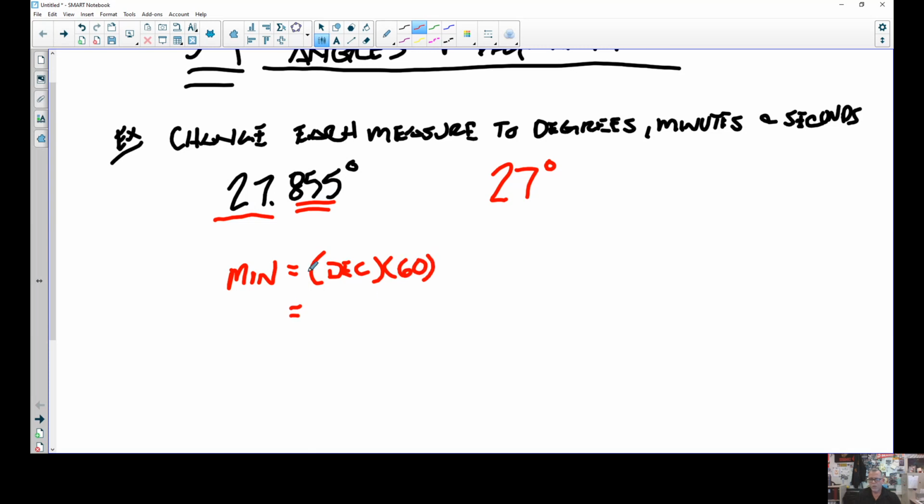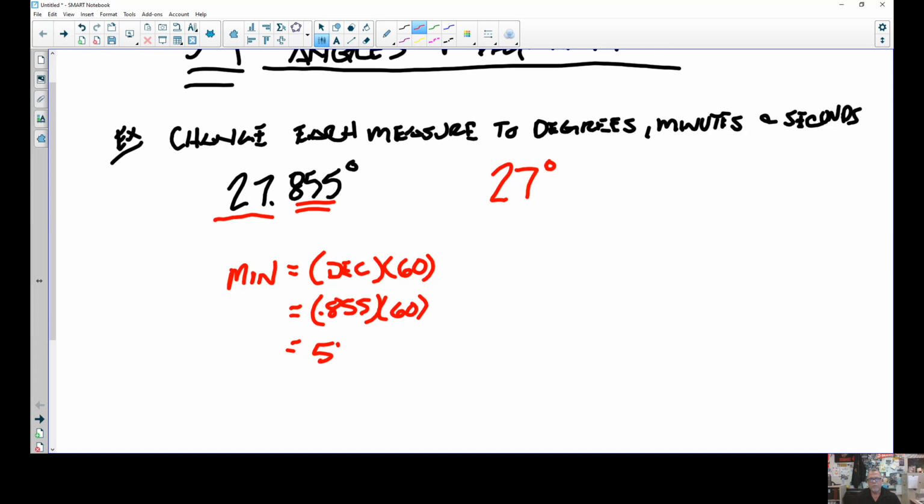So for us, that would look like this. I would say 0.855 times 60 equals what? So this is going to be calculator stuff. You do 0.855 times 60, and you get 51.3.